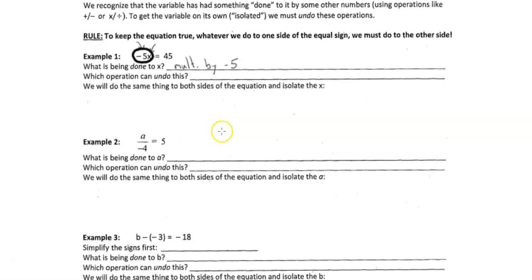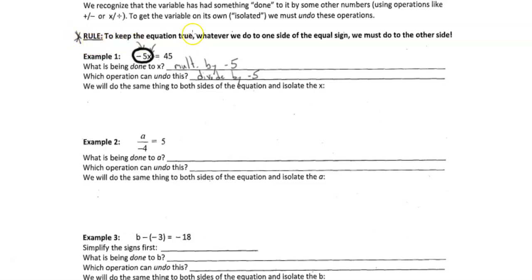What's the opposite of multiplication? Division. So we're going to have to get rid of that negative 5 and to get x on its own, which we say to isolate x, we're going to need to divide by negative 5.